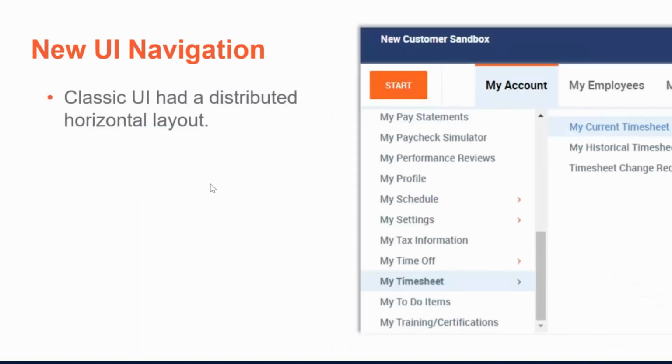Classic UI had what we called a horizontal distributed layout, right? So those menus across the top, and then there's the drop-down, but as I moused over something like my timesheet, it just kept building out to the right: my current timesheet and so on and so forth. It just continued to build out to the right as you clicked on things.